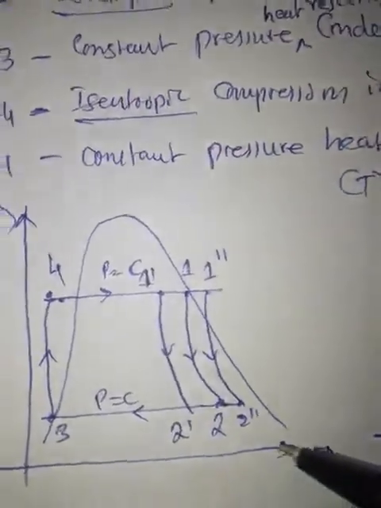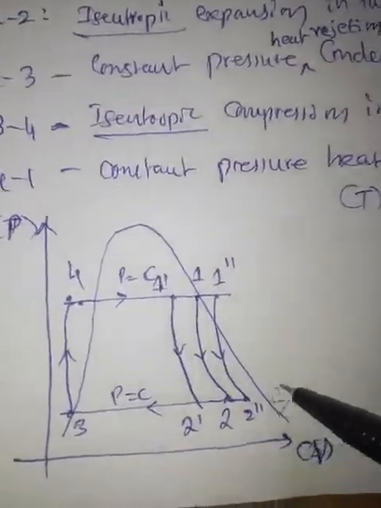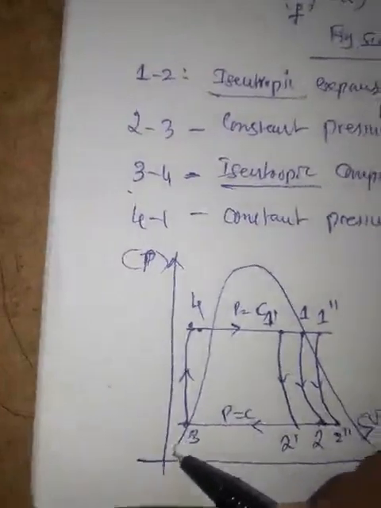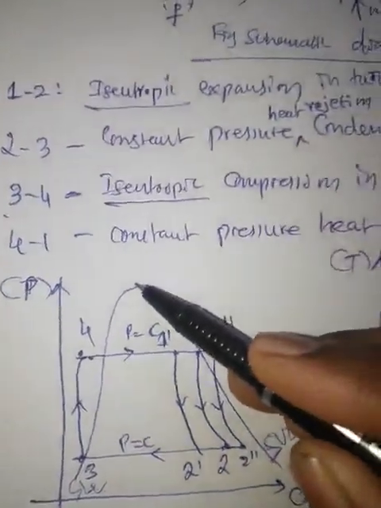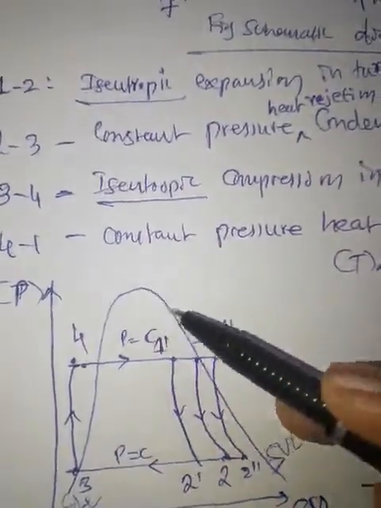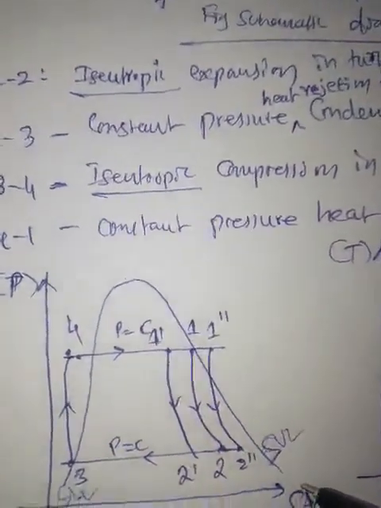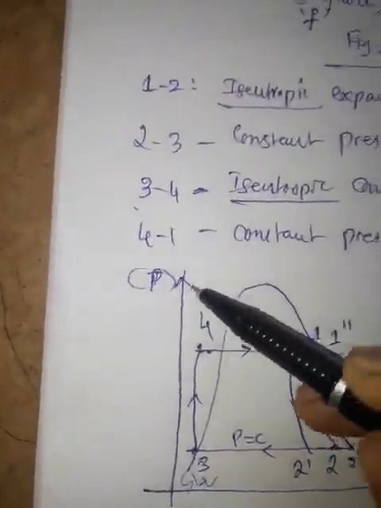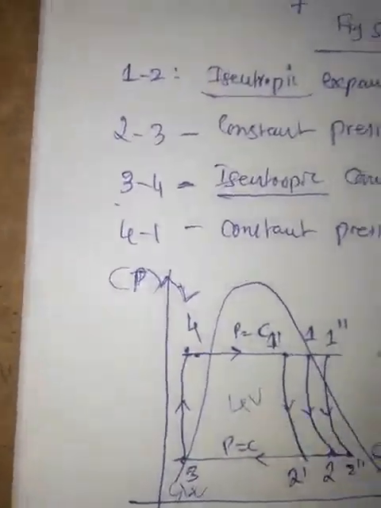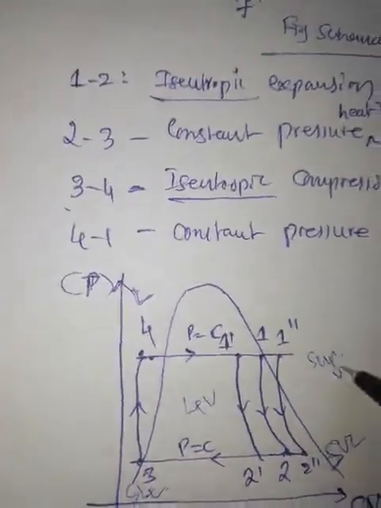Wherever both meet, it is the critical point, and this complete cone is called the vapor dome. The liquid is here, the liquid region; this is the liquid plus vapor region; this is the superheated vapor region.